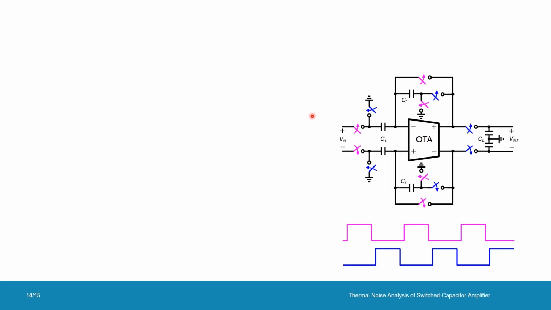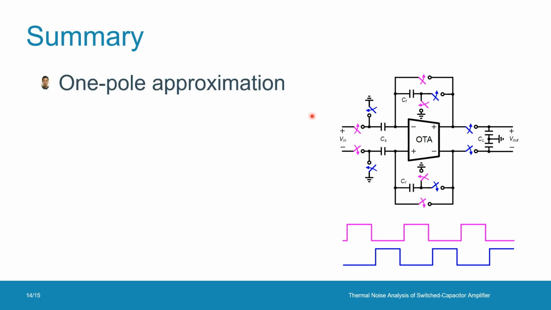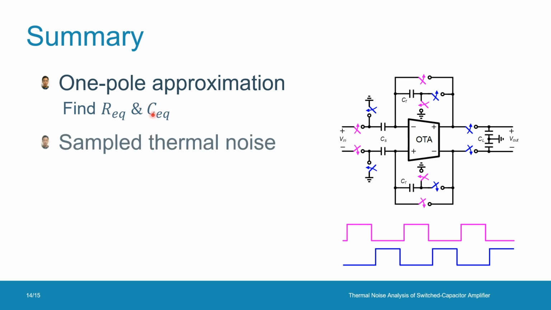Okay, finally, I would like to summarize with a few takeaways. So, first of all, for thermal noise analysis, I don't care how complex the system is. I'm always going to do this one pole approximation, I mean, just to find the equivalent R and C. And then the sampled thermal noise power can be calculated as the product of the low frequency power spectral density and 1 over 4RC, the equivalent noise bandwidth.